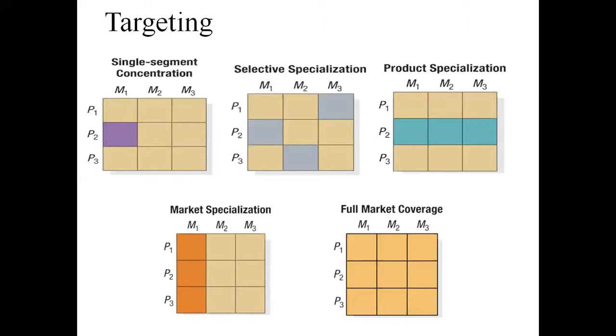Okay, so first, single segmentation. Here, your business is focused on one segment of the market. Like on one side you have seen P1, P2, P3, representing the products, and M1, M2, M3, representing the markets. So what we are doing here, only one product we are taking for a single target market, and we are trying to focus on one single segment only.